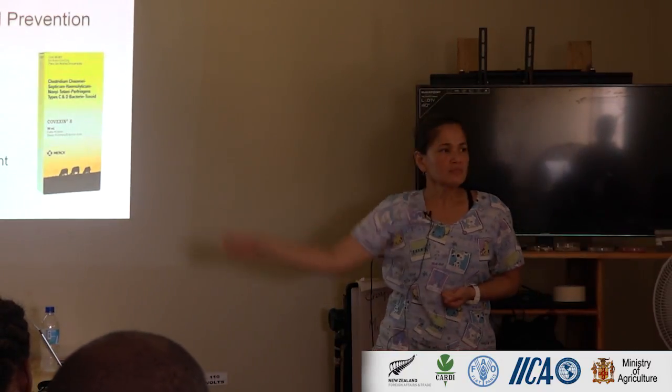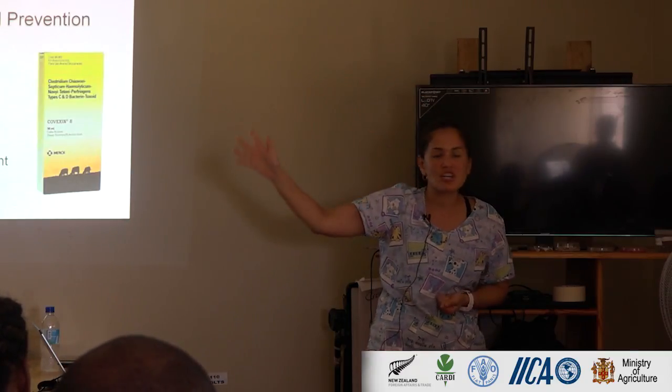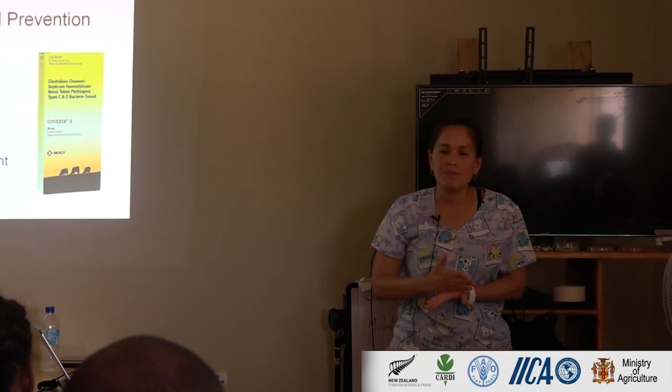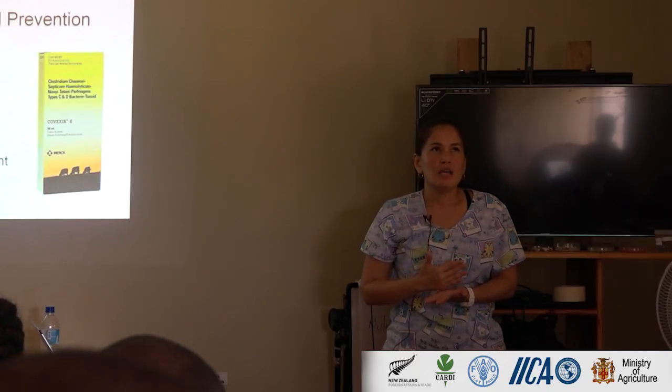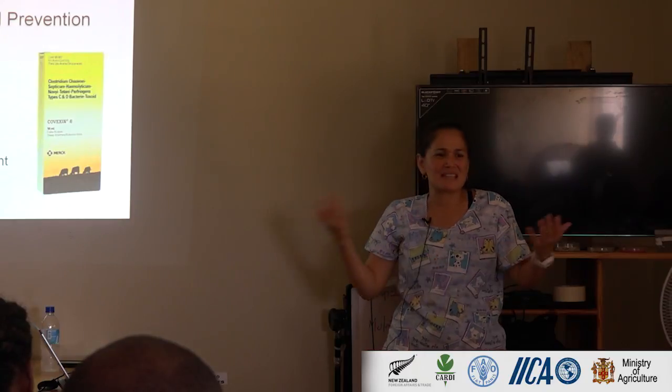Covexin 8, it covers 8, meaning 8 different types of clostridials, right? It has it up here, the chauvoei, septicum, hemolyticum, tetani, perfringens, all of them. And it is a cheap, cheap vaccine. It's actually maybe like 10 cents US to vaccinate an animal.